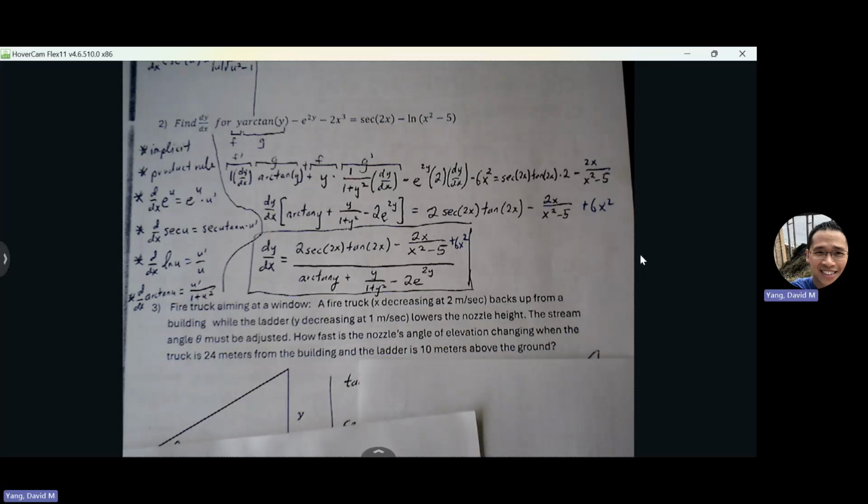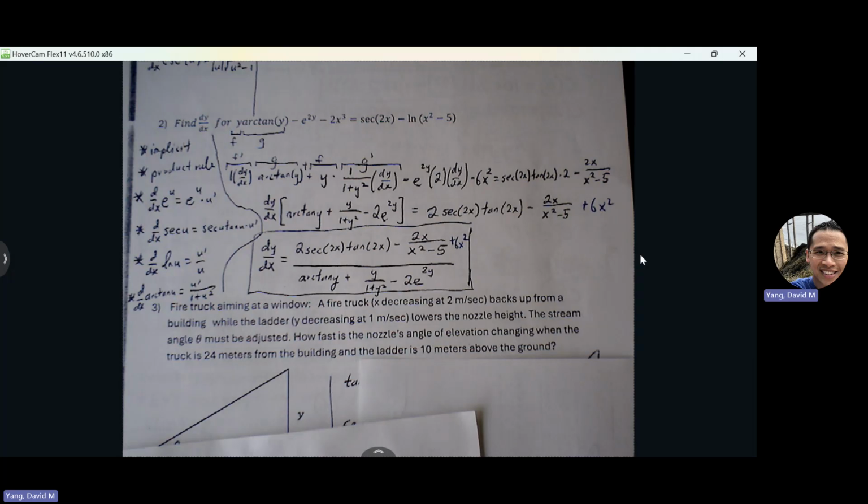Okay, secant u becomes secant u tangent u times u prime. Natural log of u becomes u prime over u. And now we're just rearranging our terms, collecting our dy dx terms together. So our tangent y, the y over 1 plus y squared.